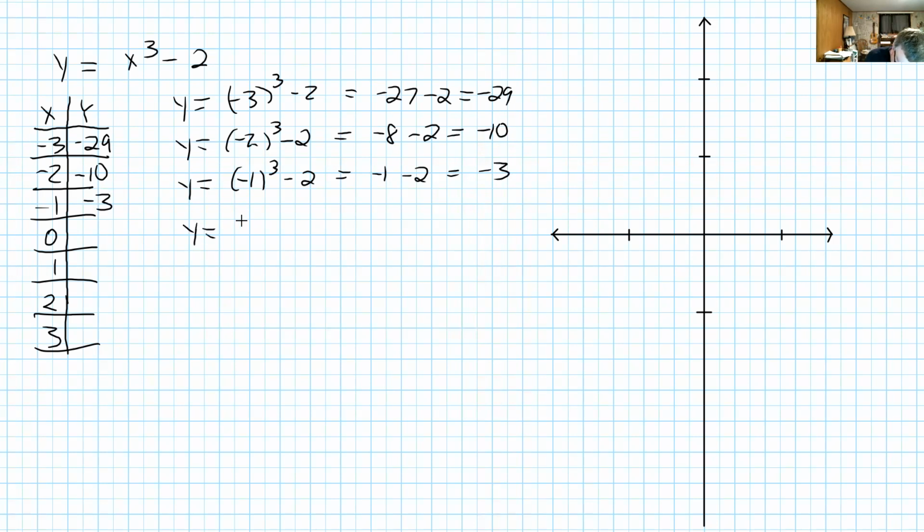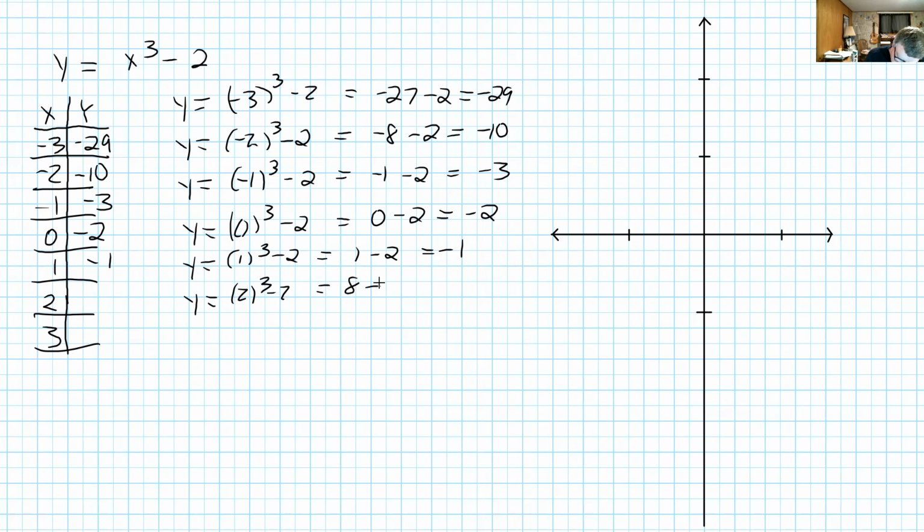If x is 0, y equals 0 cubed minus 2, which is 0 minus 2, or -2. If x is 1, y equals 1 cubed minus 2, which is 1 minus 2, or -1. If x is 2, y equals 2 cubed minus 2, which is 8 minus 2, or 6. If x is 3, y equals 3 cubed minus 2, which is 27 minus 2, or 25.